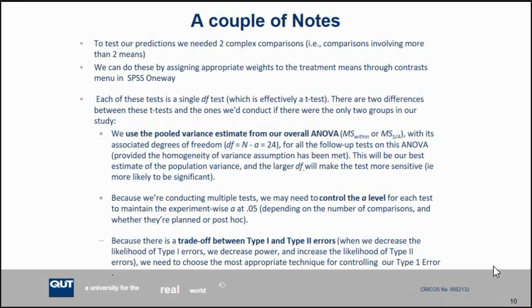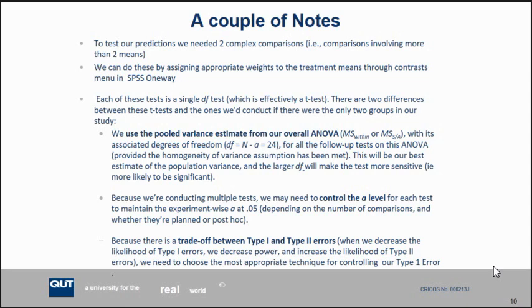The other thing we need to remember is that because we're now conducting multiple tests, we may need to control the alpha level. That depends, as we looked at before, on the number of comparisons that you're making and whether they're planned or post hoc. So remember, there's always that trade-off between type 1 and type 2 errors.